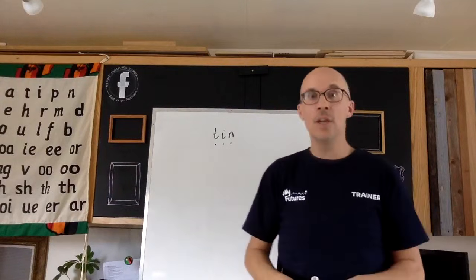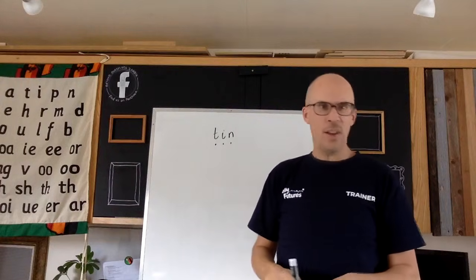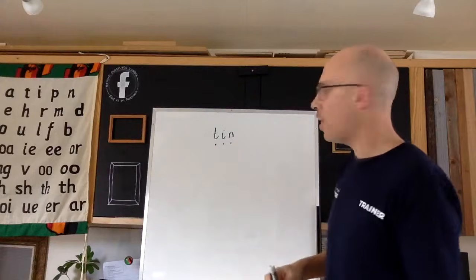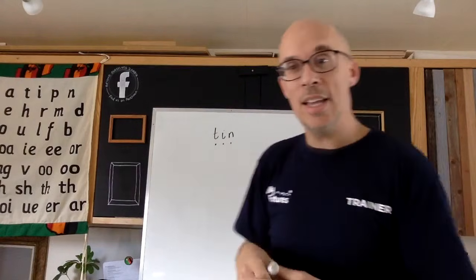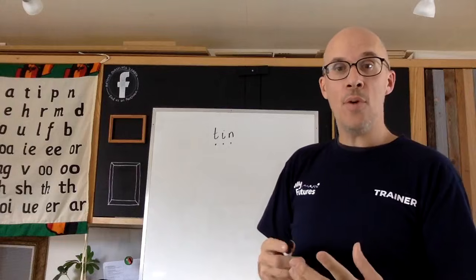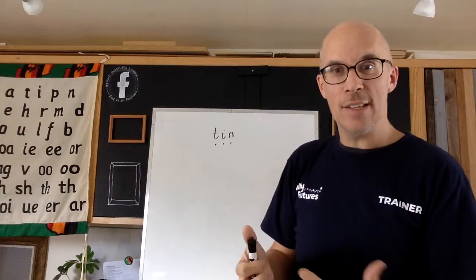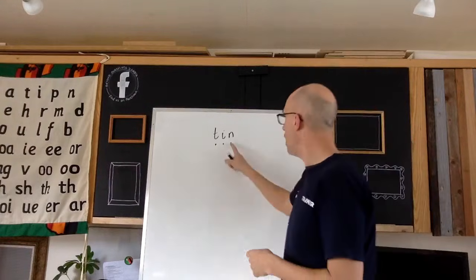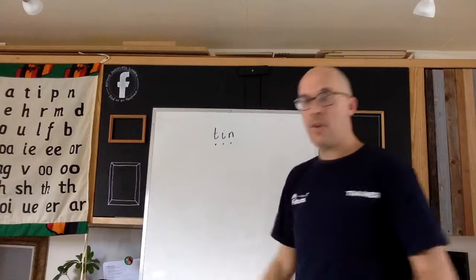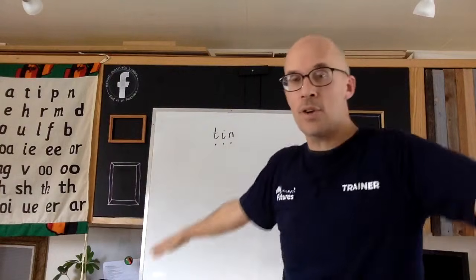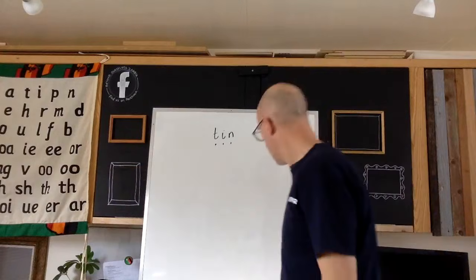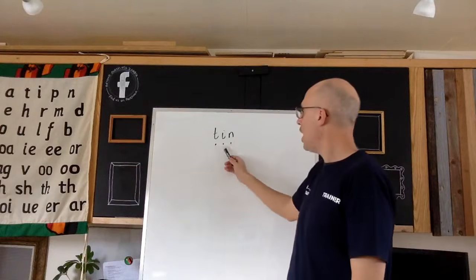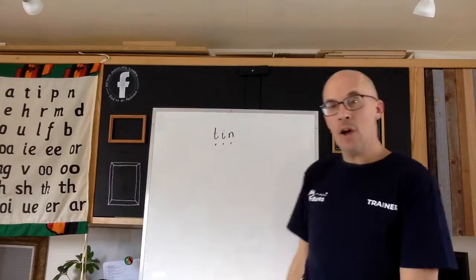The action for that one is like watching a tennis game. We might talk about that another time. And then we've got i, and that's a mouse or a rat. There's a story about this one. And finally we've got n, and this is a story about a naughty boy that makes a noise like an aeroplane. So we've got t, i, n.